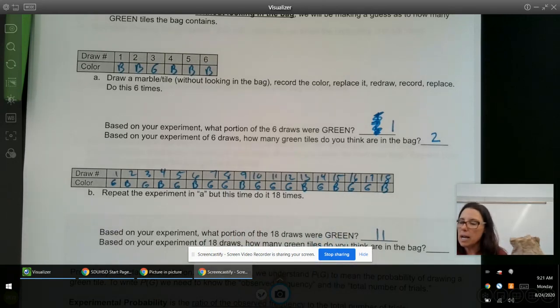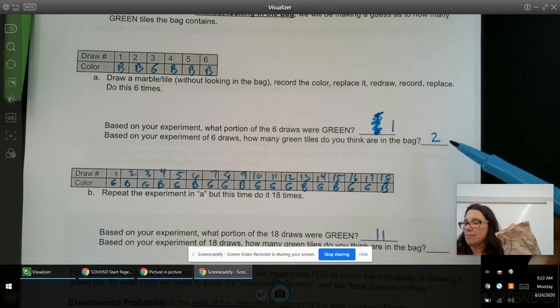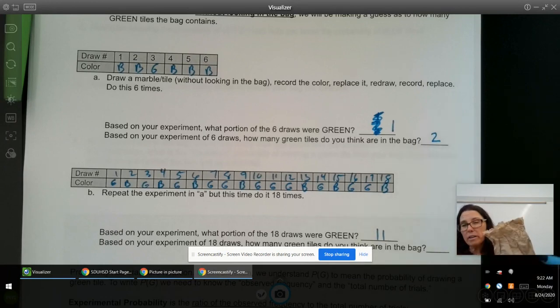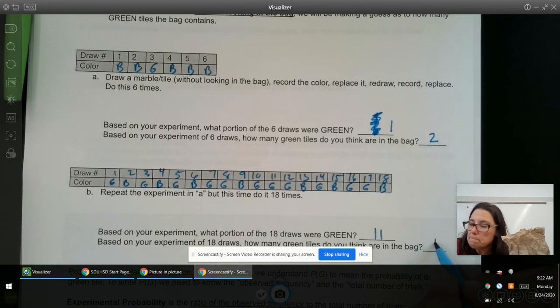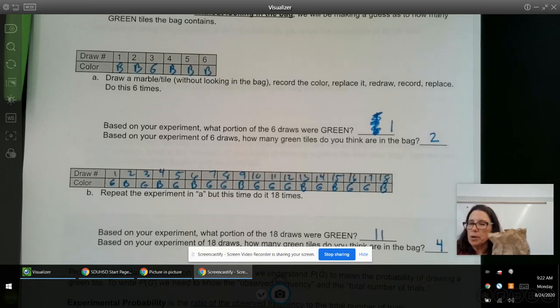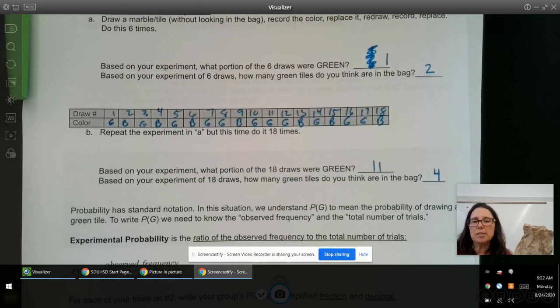Based on my experiment of 18 draws, how many green tiles do you think are in the bag? Out of 18, I got 11. Gosh, this original guess of 2, I've got to up it, I think. Maybe 3, maybe 4. I'm going 4. That's my guess now of what's in the bag.